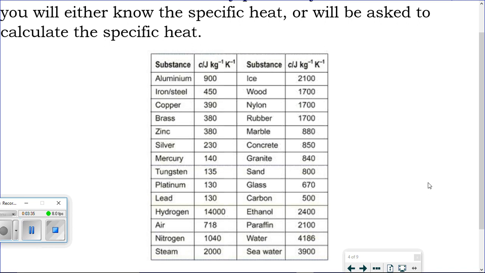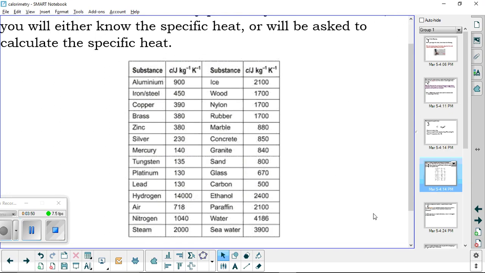So our original question at the beginning of this video was, why is it that your feet feel so much hotter on the sand than in the water? Well, let's take a look at these specific heat values that are on this table.